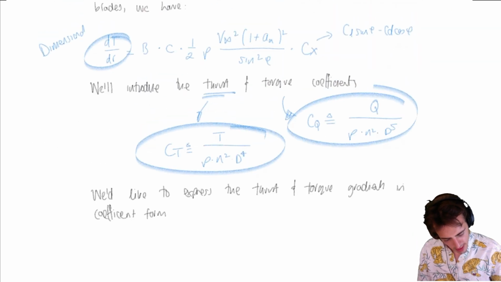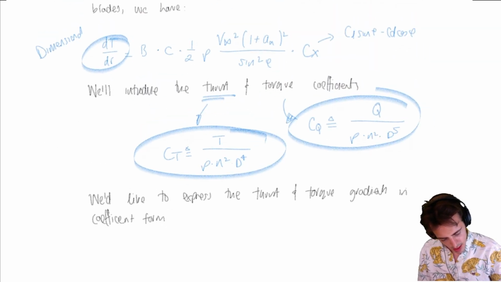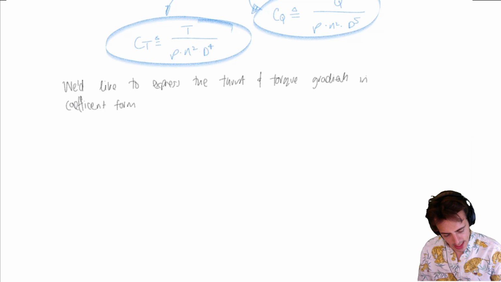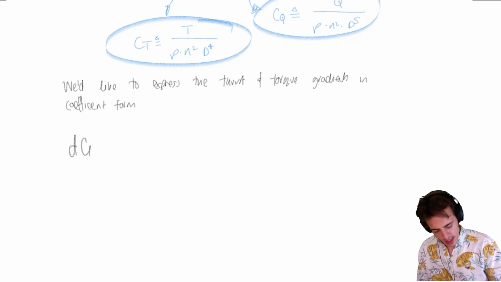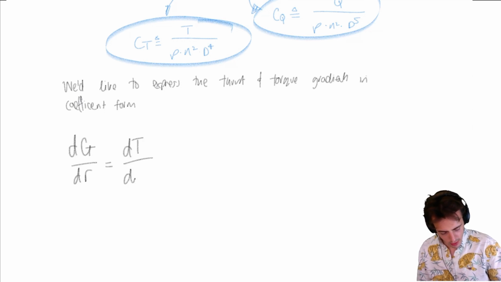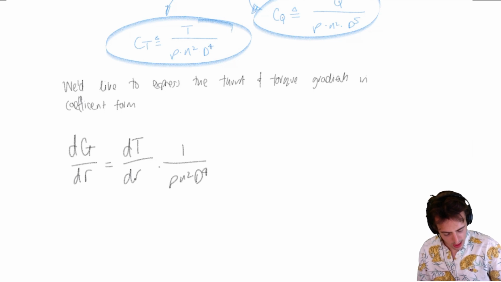What we need to do is take this whole thing up here and divide it by rho n squared D to the 4. So I'll have dCT on dr is equal to dT on dr divided by rho n squared D to the 4.